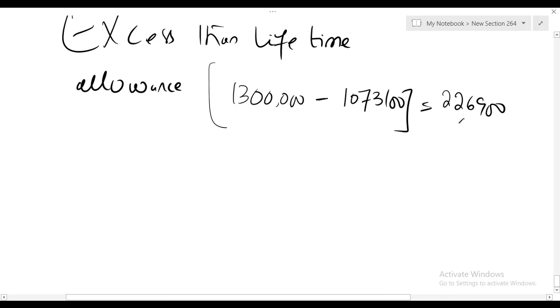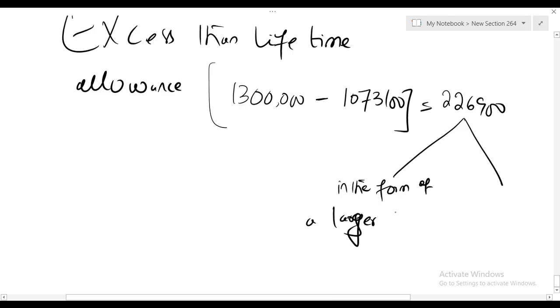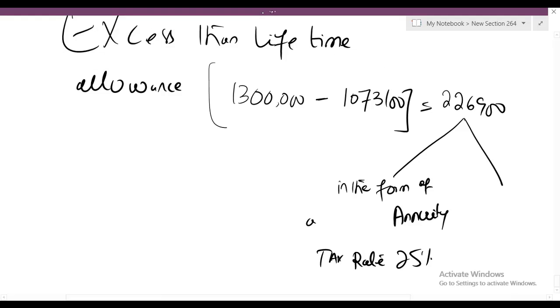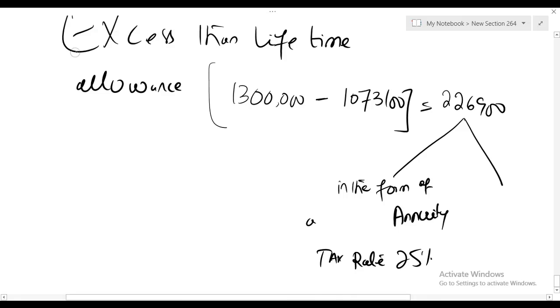For this excess amount, if the individual gets it in the form of a larger annuity, then the tax rate is 25%. Let me repeat. What is the rule for this excess amount?